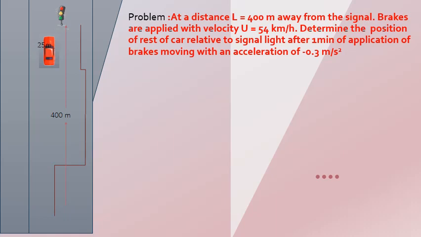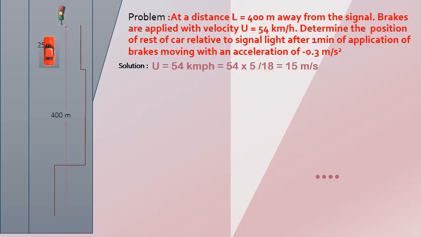Okay, so let us do how to do it first of all. The solution. What is the initial speed of the car? It is 54 kmph. When you want to convert kilometer per hour into meter per second, you have to multiply with a fraction, that is 5 by 18. How did you get 5 by 18?